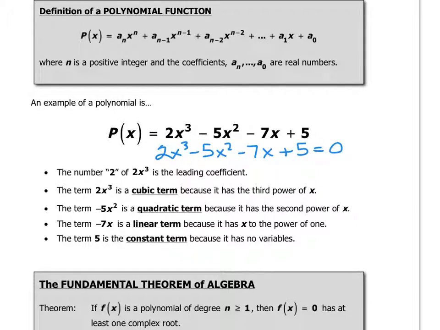The really interesting thing is this power here, the third power, is the degree of the polynomial. This is a third degree polynomial, and what this means is that when we solve this polynomial equation, there are going to be 3 answers. Some of them may be imaginary, some of them may occur twice, but there will be 3 answers.